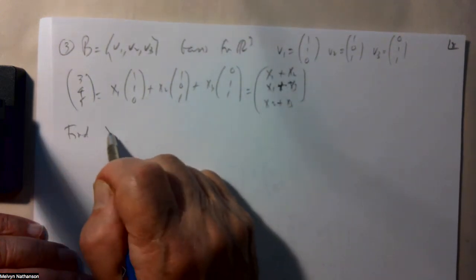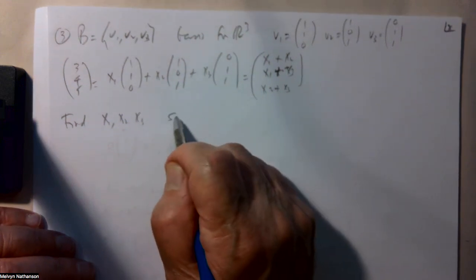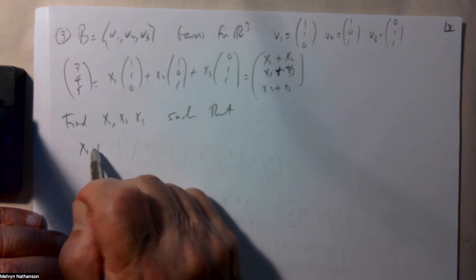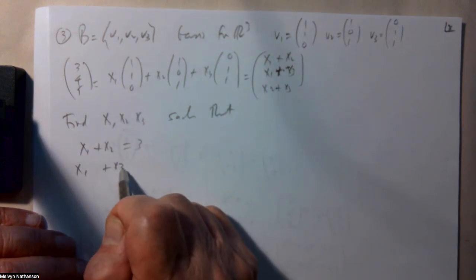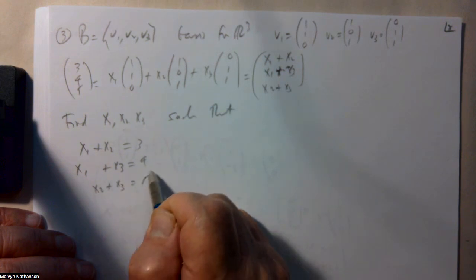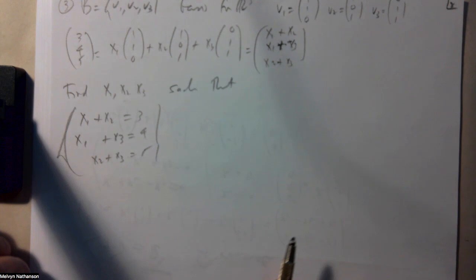So I need to find scalars x1, x2, x3 such that x1 plus x2 equals 3, x1 plus x3 equals 4, x2 plus x3 equals 5. I need to solve this system of equations.